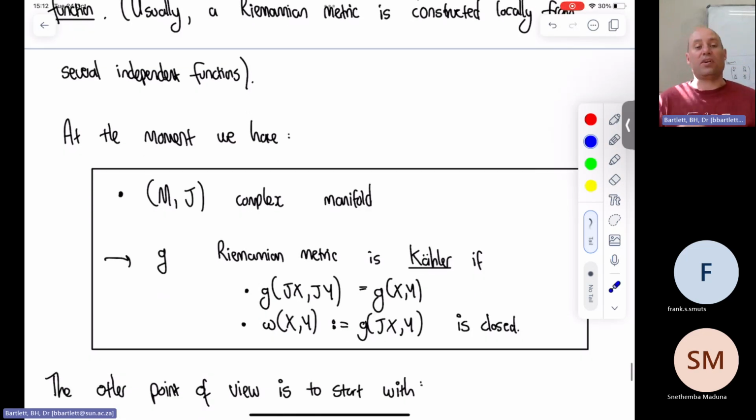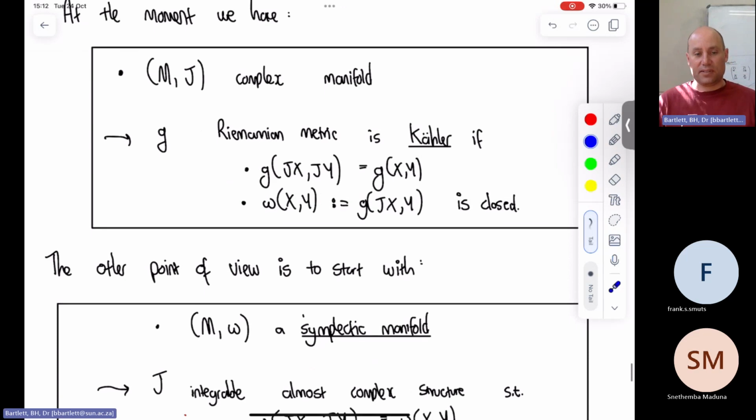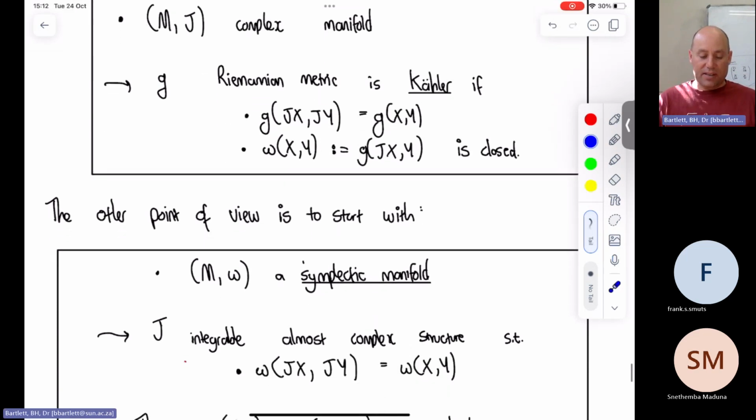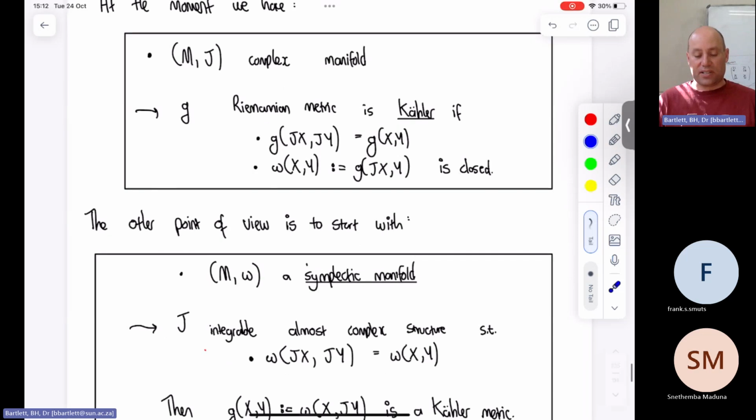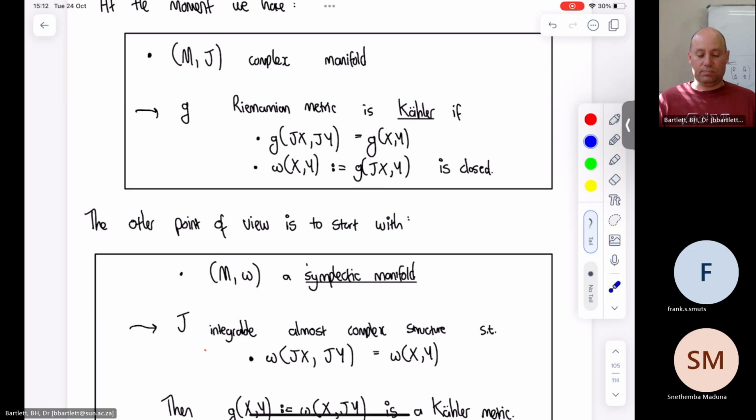You can have an alternative point of view, which is to start with a symplectic manifold, and then you would want to introduce a complex structure. How would you do that? You would introduce an almost complex structure on each tangent space, and you'd want that to be integrable. And then you'd want omega to be compatible with the almost complex structure J, in the sense of this equation.